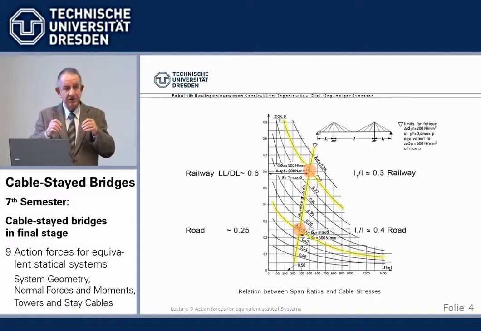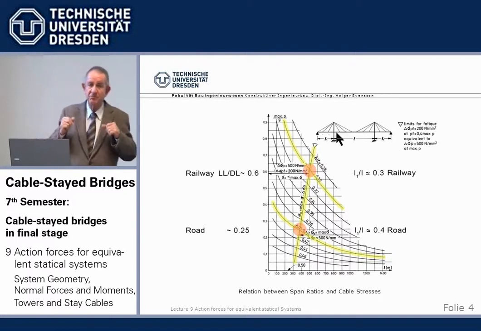And the most economic solution, and this ratio of maximum load and fatigue load is very much governed by the span range. If we have a very long main span, then we get very high forces here, and if we have a long side span, we get high fatigue range.